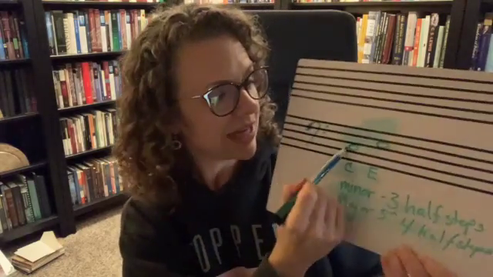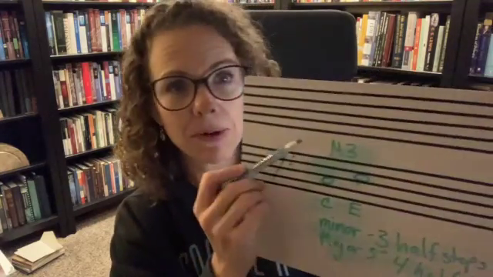D to D sharp, low 1. That's your third half step. D sharp to E. That's your 4th half step. So C to E is a major third, okay? And we're going to put capital M for major, lowercase m for minor. You can do that for seconds as well.